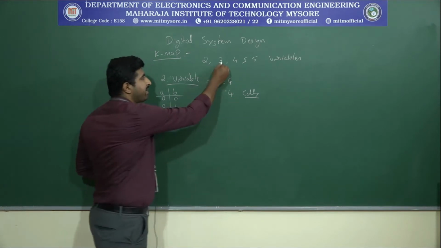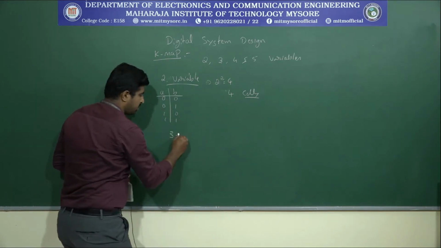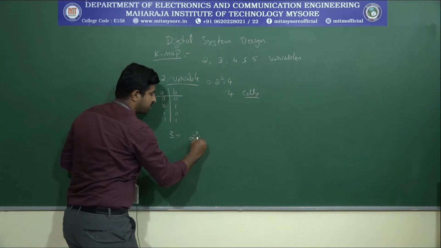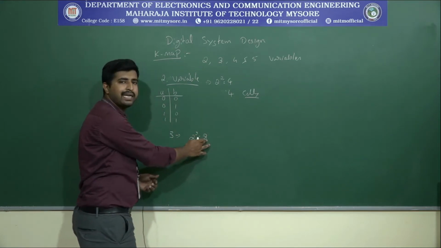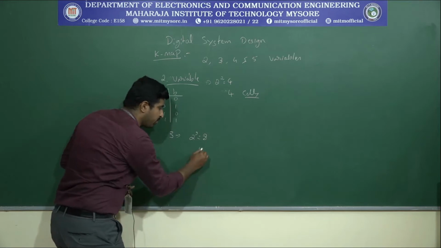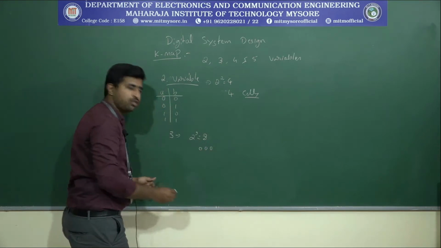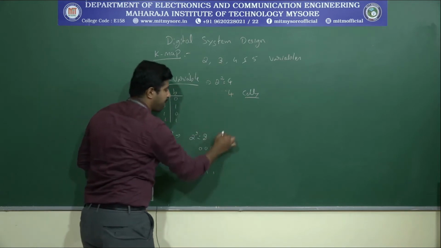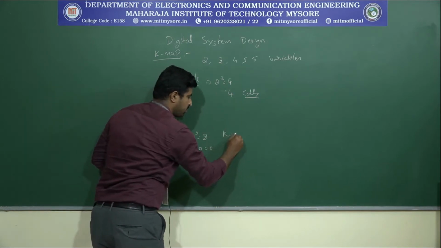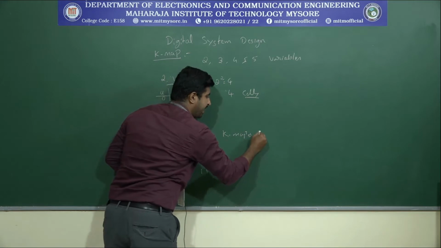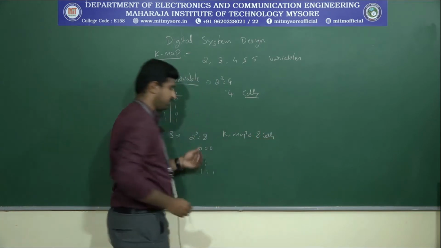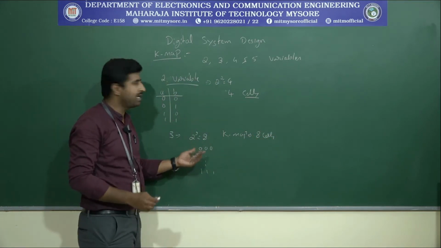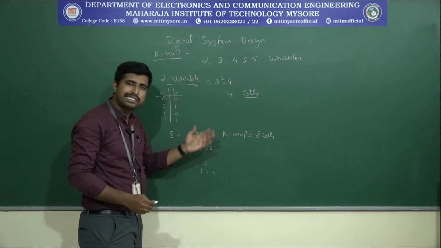For 3 variables, 2 to the power of 3 equals 8 combinations in the truth table, from 0 0 0 to 1 1 1, and similarly 8 cells in the K-map. For 4 variables, 16 cells.